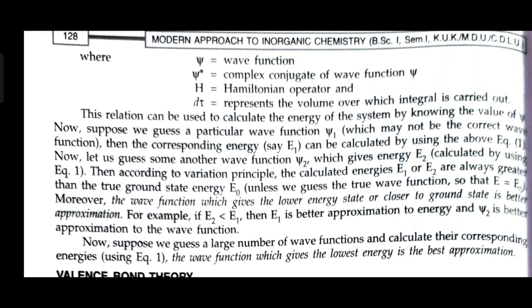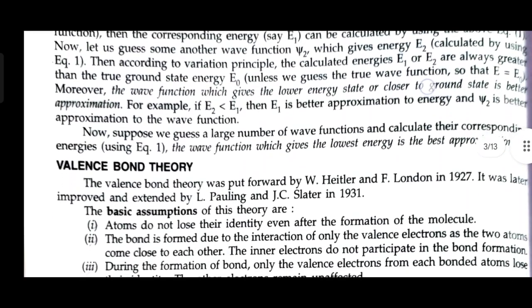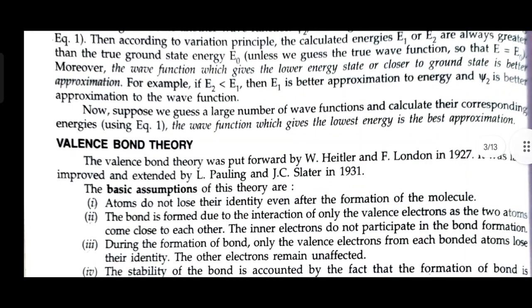Moreover, the wave function which gives the lower energy state, closer to the ground state, is a better approximation. For example, if E2 is less than E1, then E2 is a better approximation to energy and psi 2 is a better approximation to the wave function. Now suppose we guess a large number of wave functions and calculate their corresponding energies. The wave function which gives the lowest energy is the best approximation.